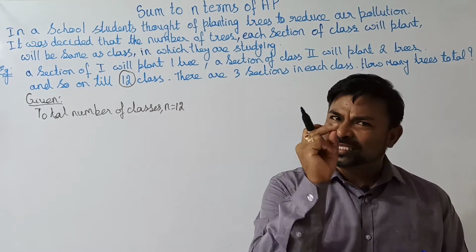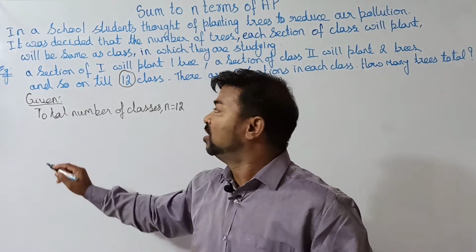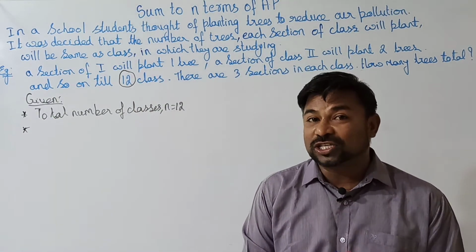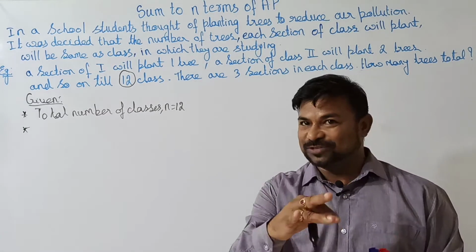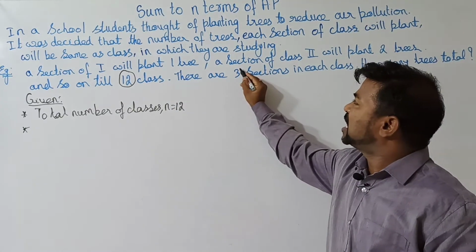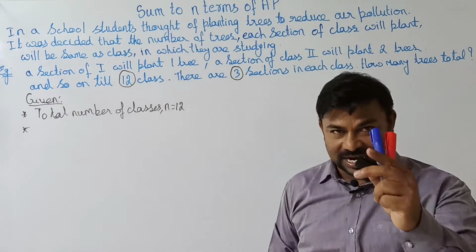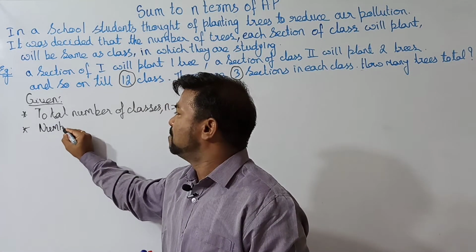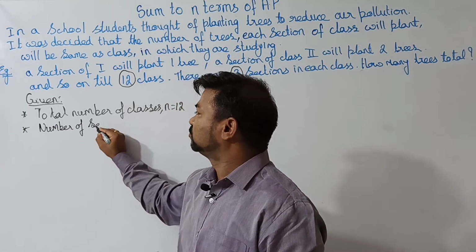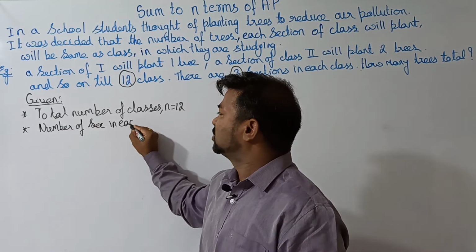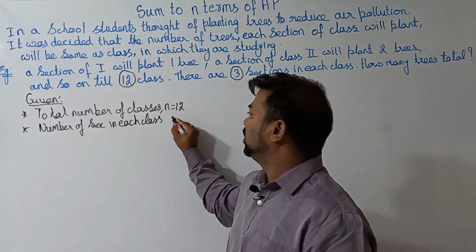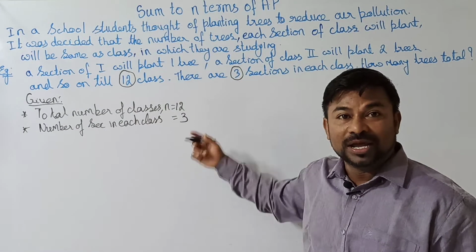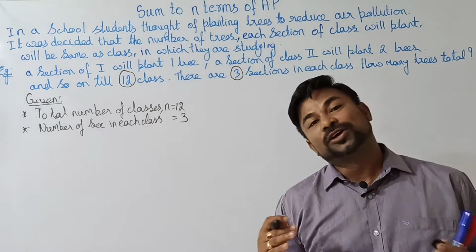Now let us come to the second condition: how many sections does each class have? As we can see, each class has 3 sections. That is also a very important point to be noted. Number of sections in each class equals 3. Total number of classes is 12, and the number of sections in each class is 3.